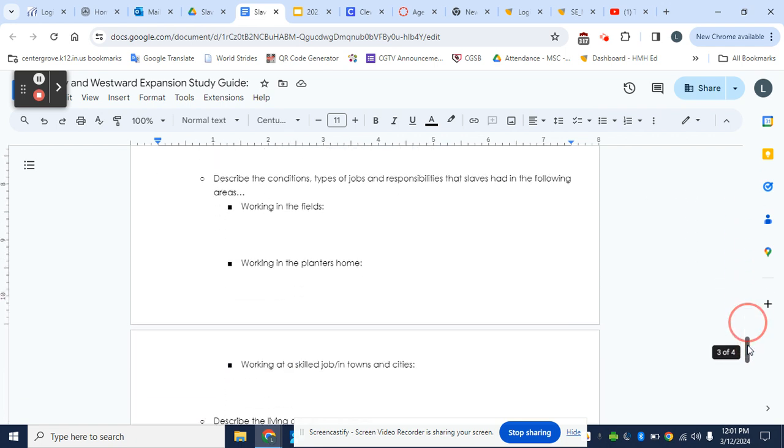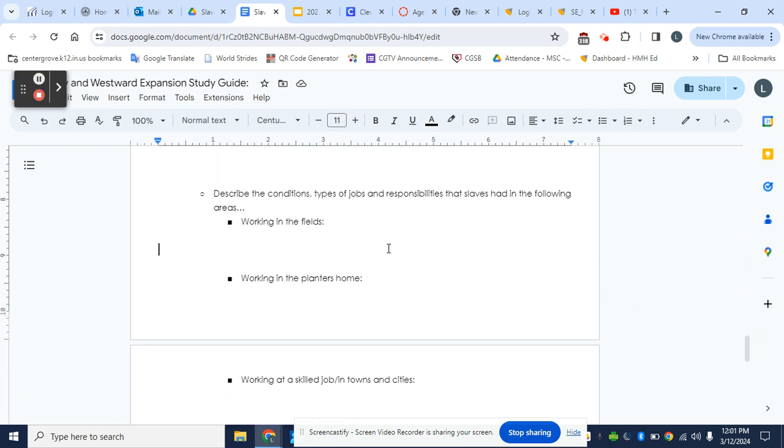Moving on to describe conditions, types of jobs, and responsibilities that slaves had. When it came to working in the fields, the main crops were cotton, tobacco, tending to animals, maybe even tending to your own gardens. Oftentimes, slaves were able to keep their own gardens as another way to have some sort of normalcy.